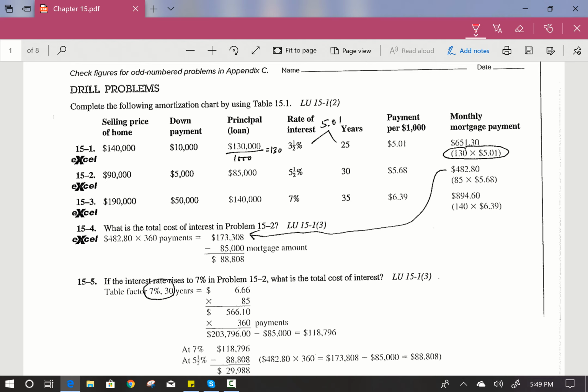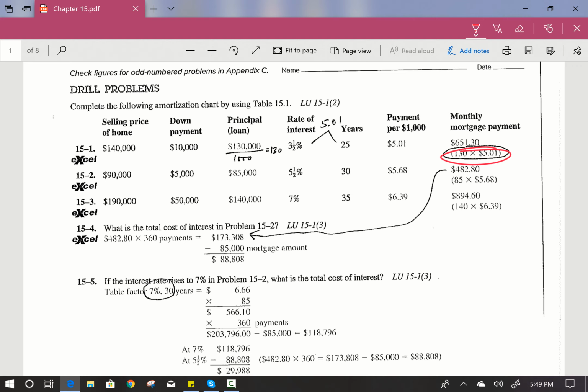It's actually 5.01 if I had the correct table. 5.01 times 130, and that will give us a monthly mortgage payment of $651.30.